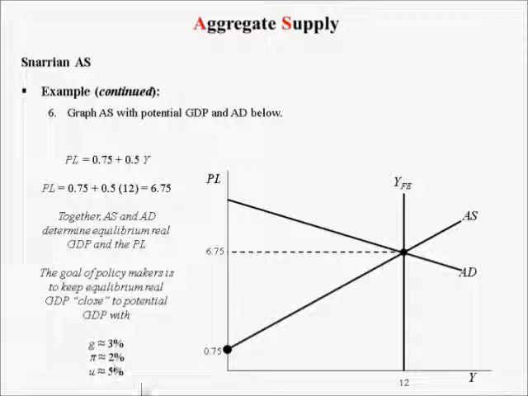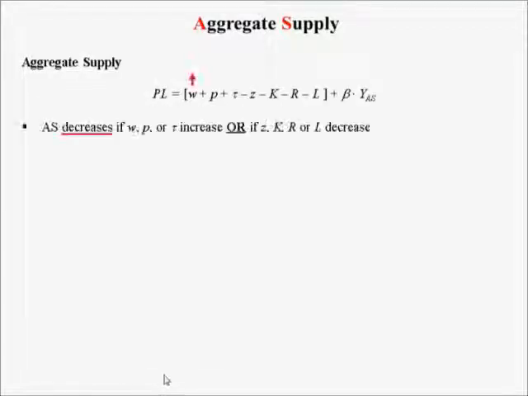So aggregate supply decreases. Remember, an increase in marginal cost, which this represents, is a decrease in supply. So aggregate supply decreases if the wage, nominal prices of other production inputs go up, like fuel, energy, supply side taxes go up, or technology falls.